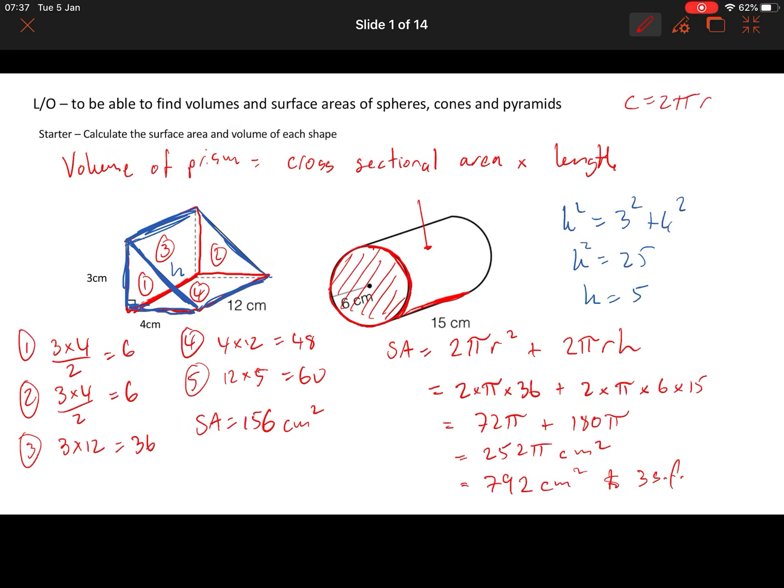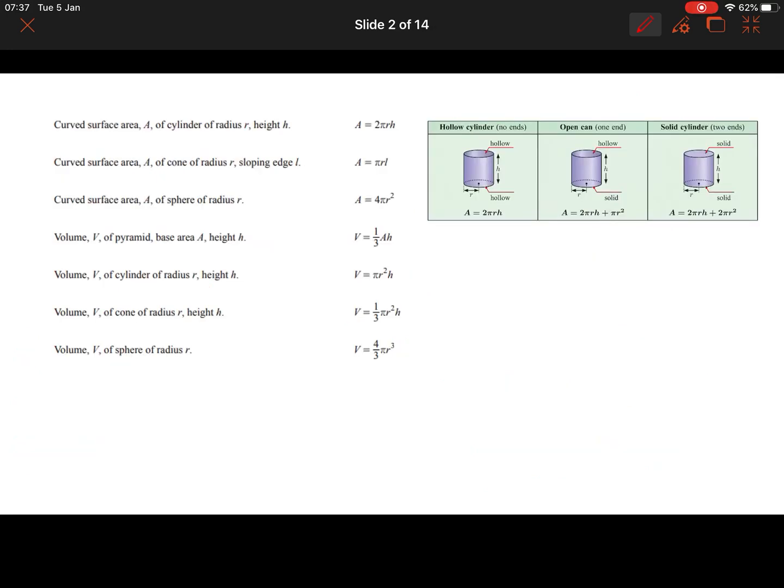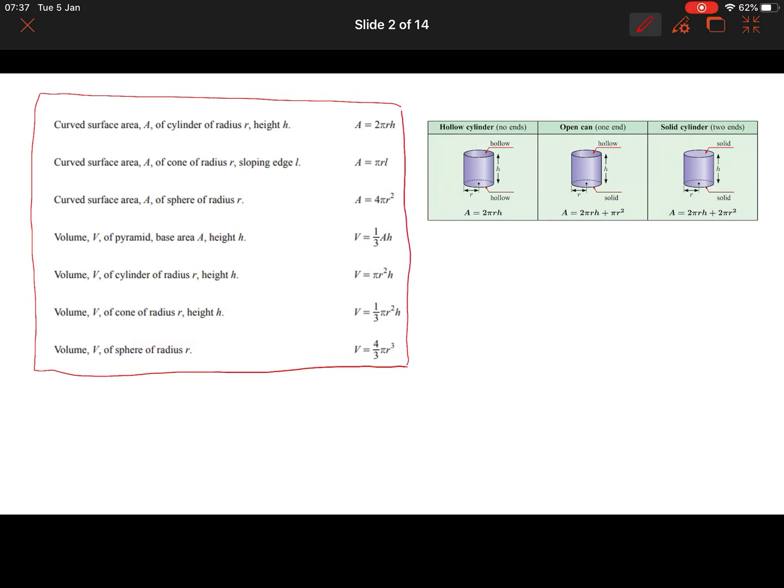Okay. Now, the good news for you is a lot of the formulas, for example, the formula for surface area and volume of a cylinder is given to you, as well as some of the new ones we're going to learn, such as spheres, cones, and pyramids. All right. This information here is exactly what you will receive on the front of your exam paper. Okay.